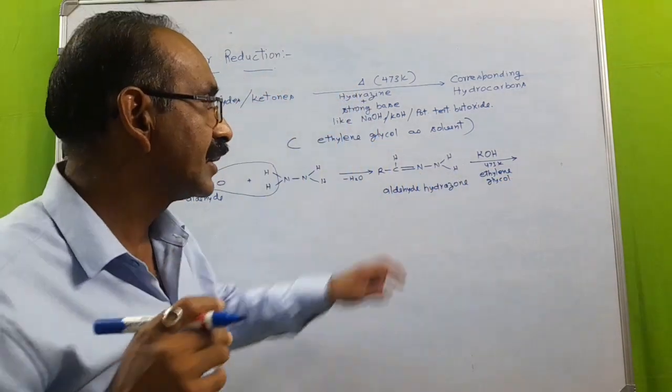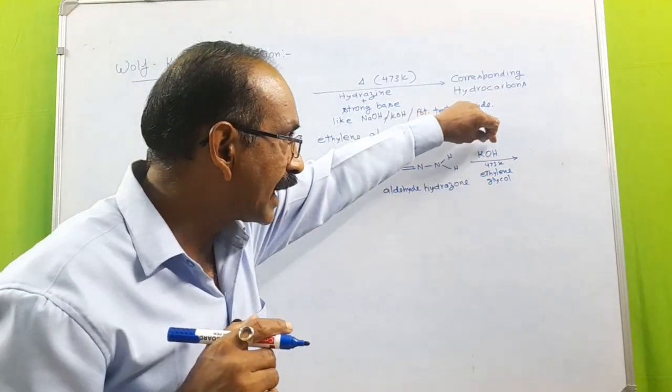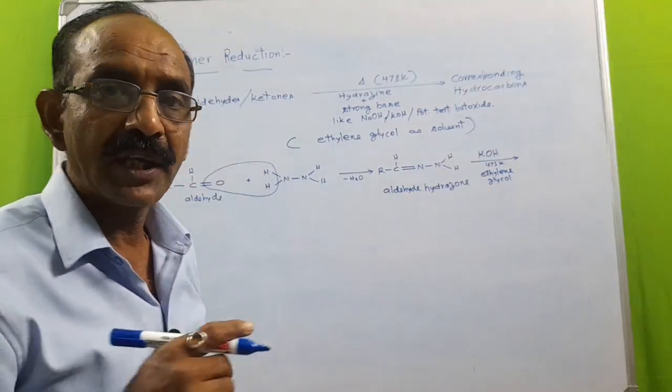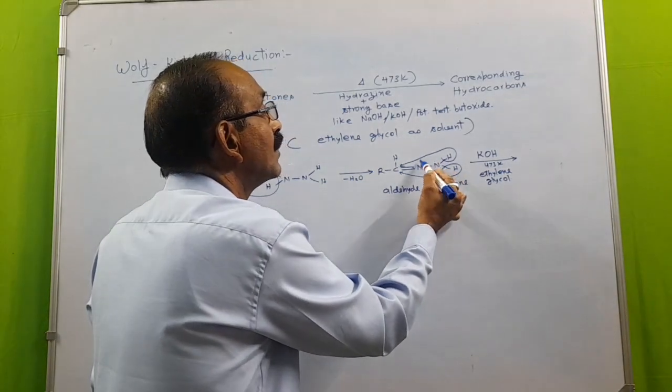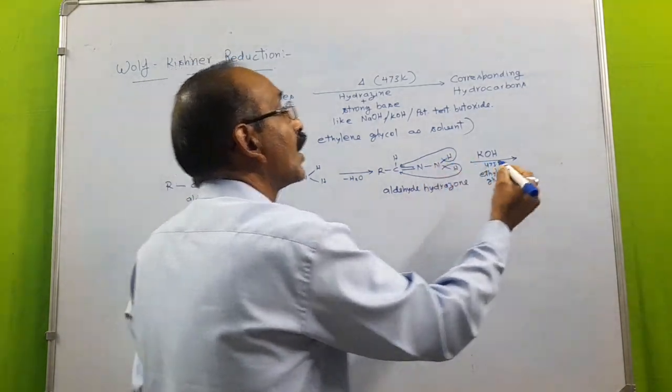So what happens here, the OH minus ion furnished by the KOH will remove this hydrogen which remains linked over the nitrogen, and these two hydrogens shift over the carbon of the C=N bond, and this nitrogen sets free as an N2 molecule.